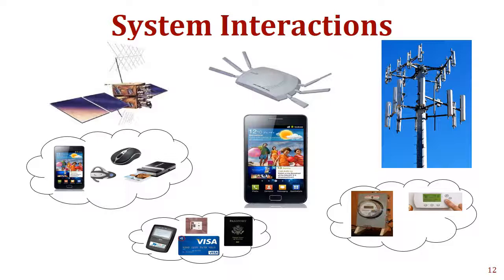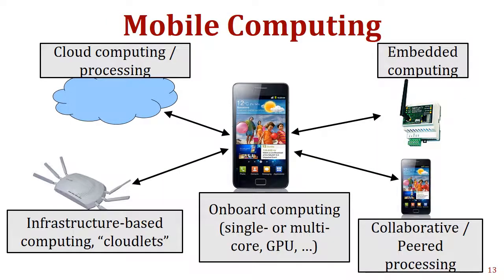So now we know that smartphones really interact a lot with other systems. Now, do we have a good definition for mobile computing? Well, mobile computing is not just the computing on the device. Of course, we have lots of onboard computing with single or multi-core processors, and also the GPU on the phone. But smartphones also offload some of the computing to cloud computing, sending data to a remote cloud server.